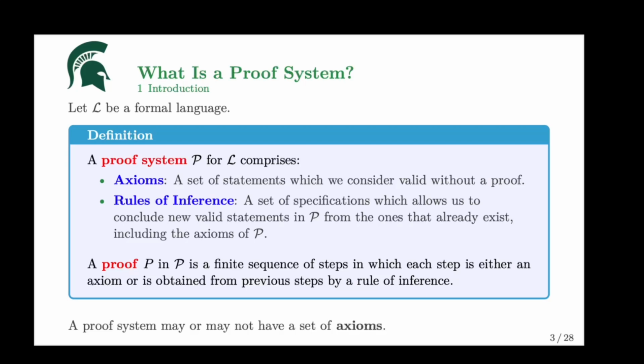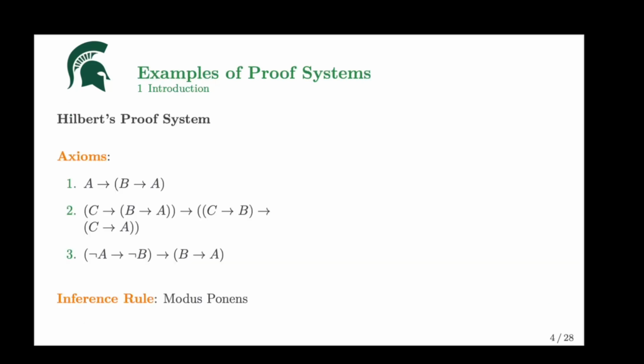It is important to note that a proof system may not always have a set of axioms, which means we have no prior assumptions about the validity of these statements of the language. As an example, let's consider two common static proof systems in mathematical logic.